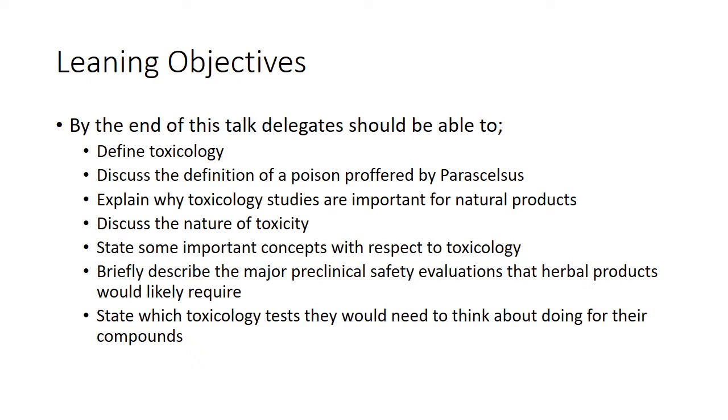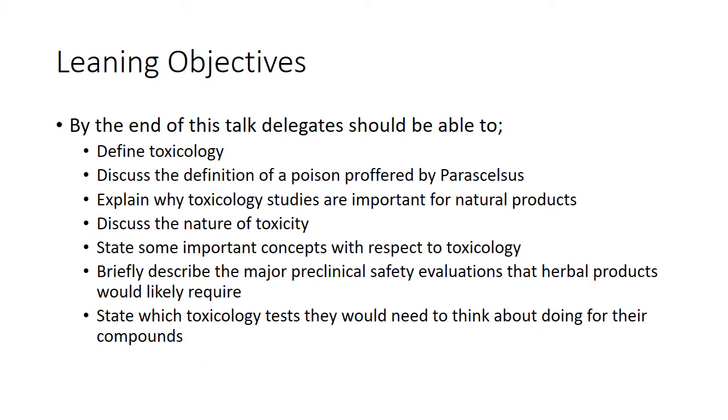Then also to be able to discuss the definition of a poison as proffered by Paracelsus. We'll talk about this. We must be able to explain why toxicology studies are important for natural products, because sometimes you find that there is resistance from other people with regards to why toxicity studies should be done for herbs which have been used for a long period of time.